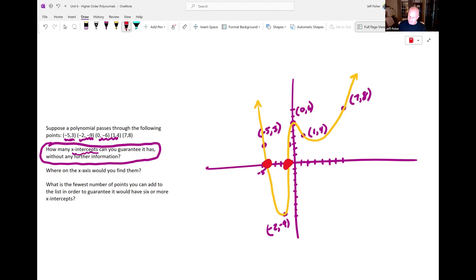That's where this one is. And this one is between -2 and 0.